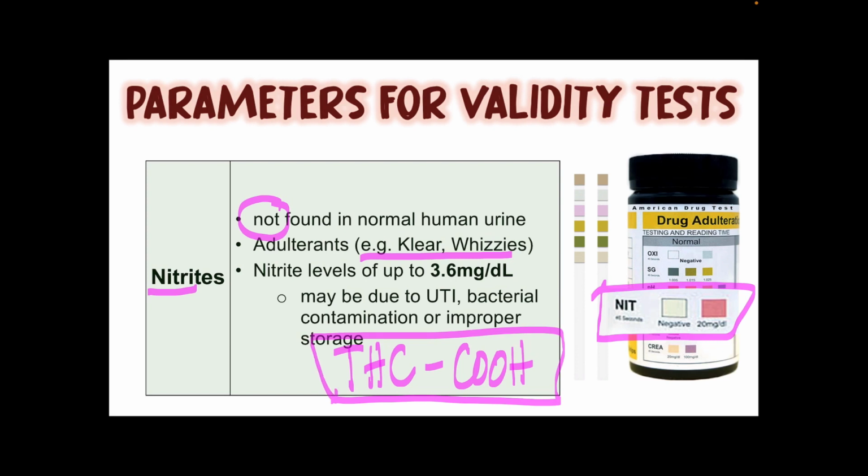So this is the major cannabinoid metabolite. And also, nitrite levels of up to 3.6 milligrams per dL may indicate UTI, bacterial contamination, or improper storage of urine sample. And as stated in the chart earlier, a nitrite level of greater than 500 micrograms per liter is considered as a specimen which is adulterated.